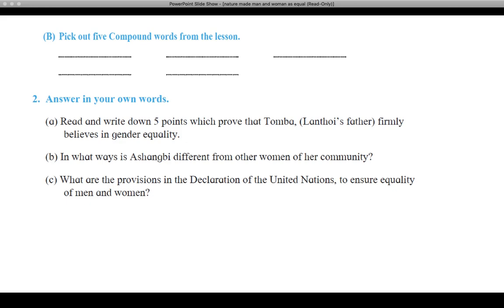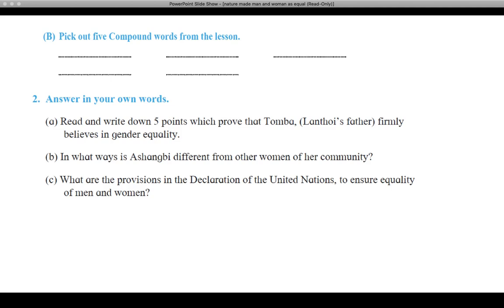Pick out 5 compound words from the lesson. What do you mean by compound words? Compound words are nothing but two words which have separate meanings but you combine them together. Like for example, class and room. They are two different words but we put them together and we find a new word, that is classroom. Now in this lesson, what are the various compound words that you find?